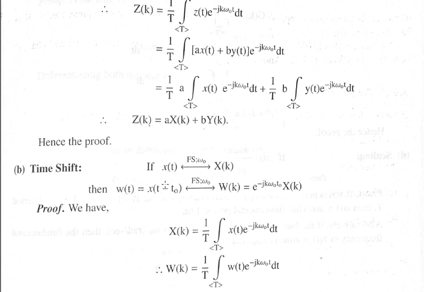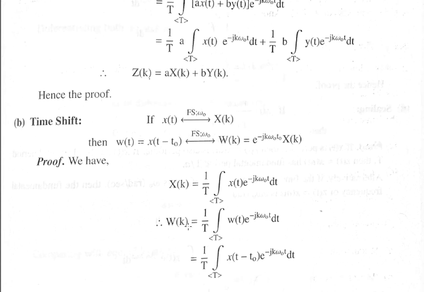When we apply this x of t minus t naught, what result will be expected? It would be e raised to minus jk omega naught t naught times x of k. Let's see how we can obtain this. Now let's write the analysis equation, as we all know it. If we write the analysis equation with w, it's the same.